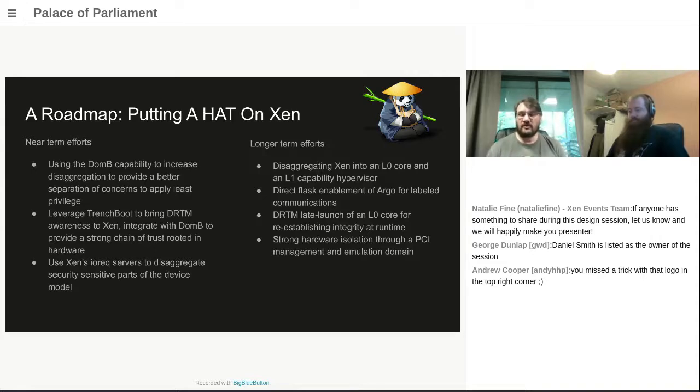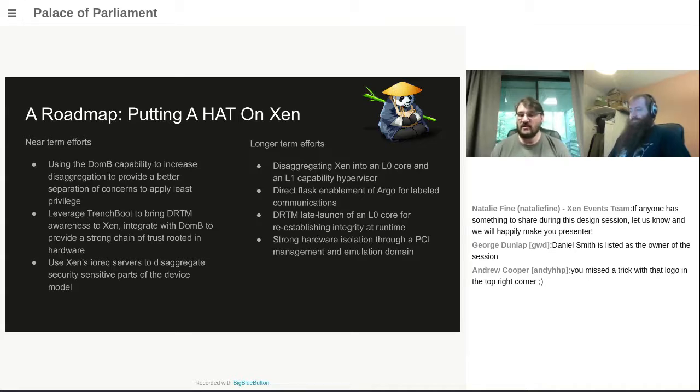Longer term, disaggregating Xen into an L0 core and an L1 capability hypervisor. Look at direct Flask enablement in Argo, so that not only do we get mediated communications, but we get labeled mediated communications through the hypervisor.